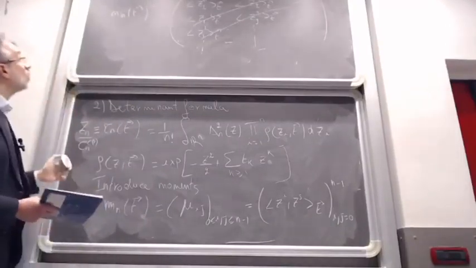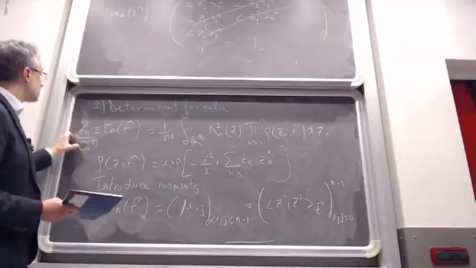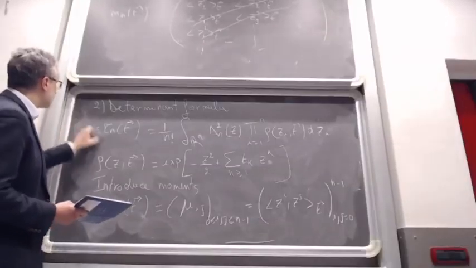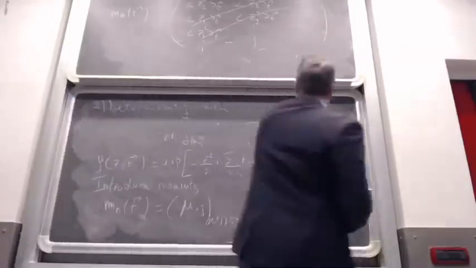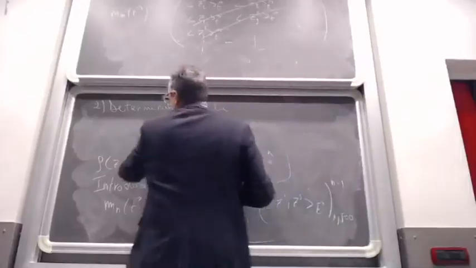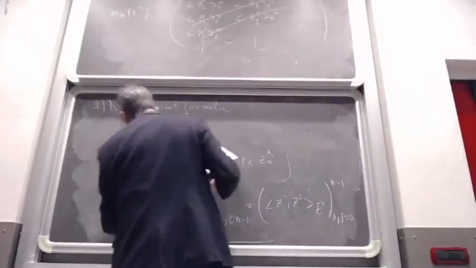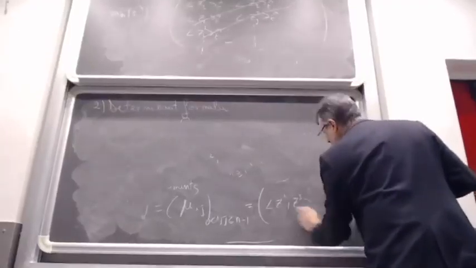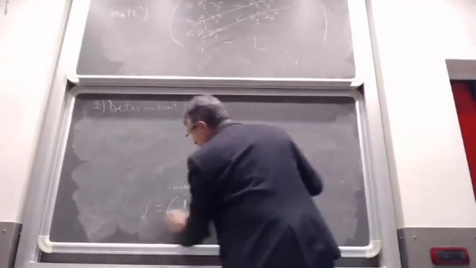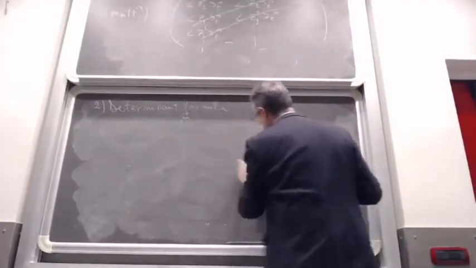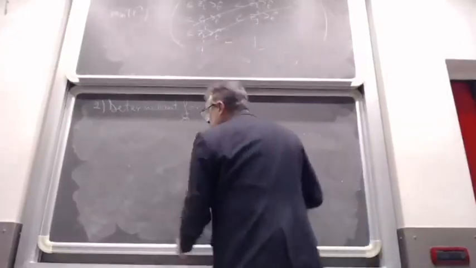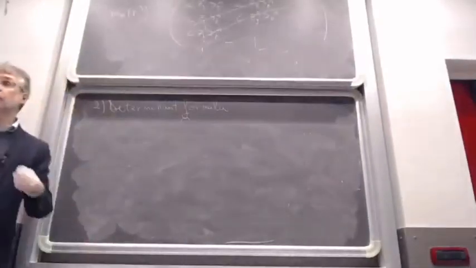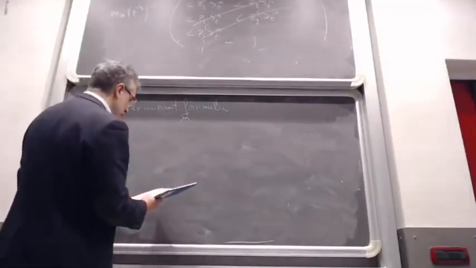And in order to derive the determinant formula, first I need a property of the Vandermonde determinant, which I will just state. I will not prove it for lack of time, but if you're interested, I can say a bit more about that.